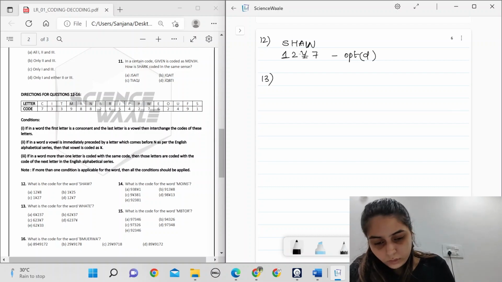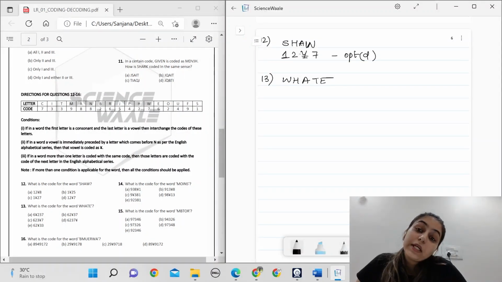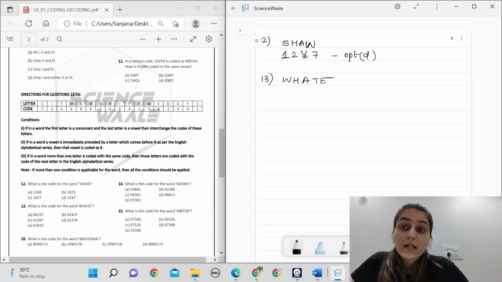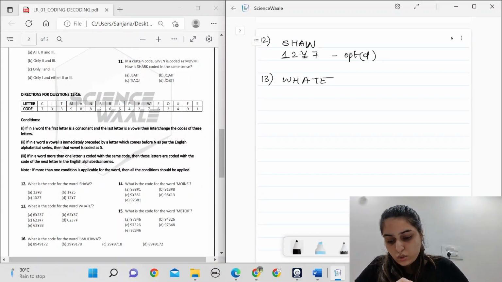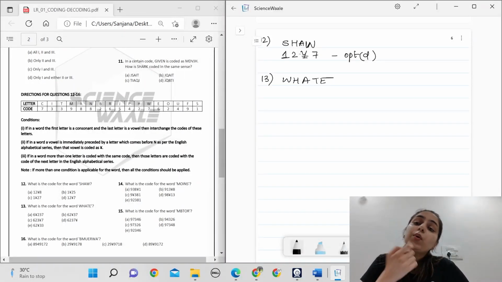The 13th one, they have asked us for weight. Now if we carefully look at this word, what do we recognize? We recognize that this is a word which starts with a consonant W and ends with a vowel E. So if we look at the first condition of the question, what they have given to us is that if a word starts with a consonant and ends with a vowel, then we need to interchange the codes of the particular letters.